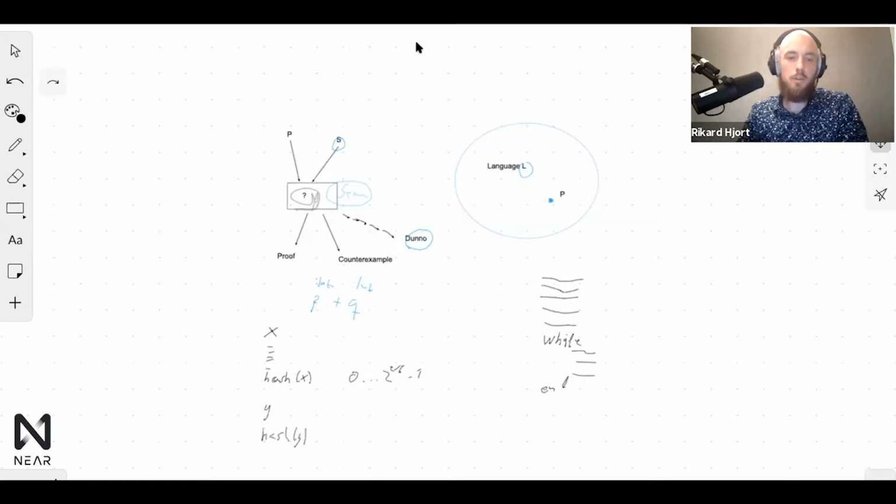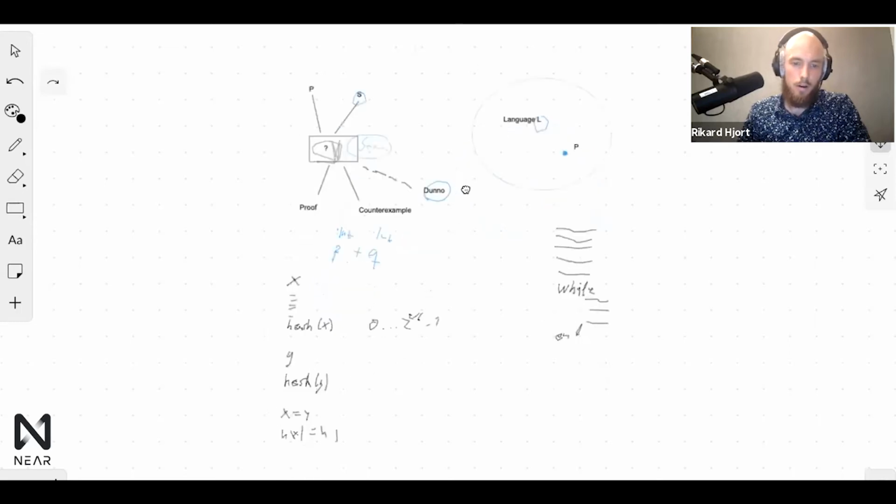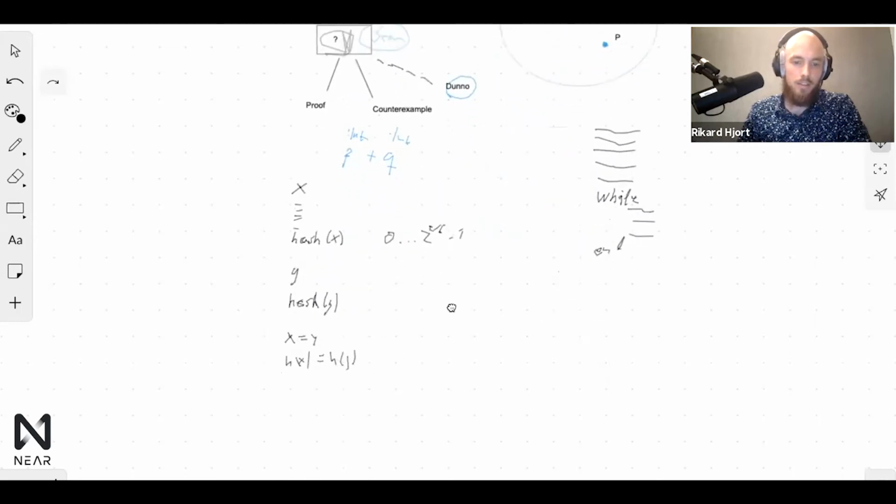But now, if you ask me to prove, given that X equals Y, that hash of X and hash of Y are the same, I can do that because I just have that as an assumption of my specific hash function.